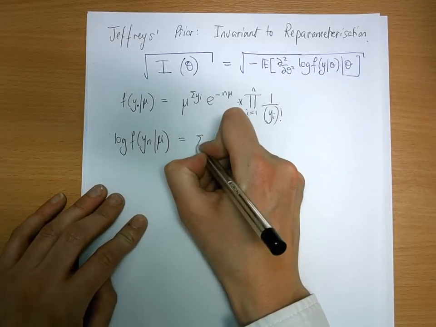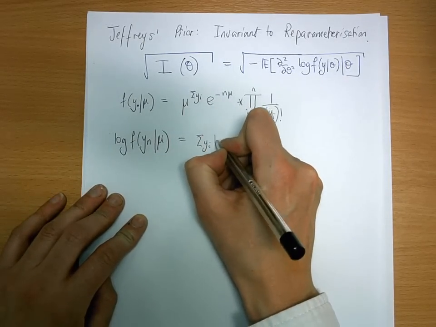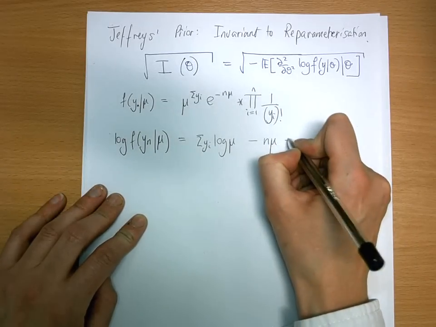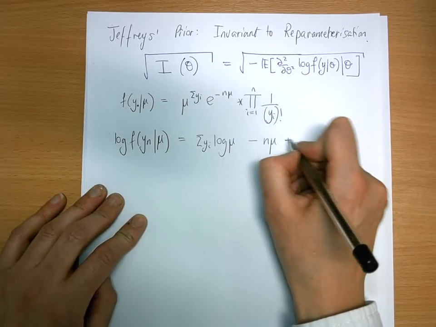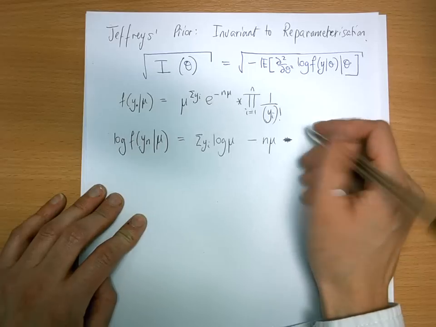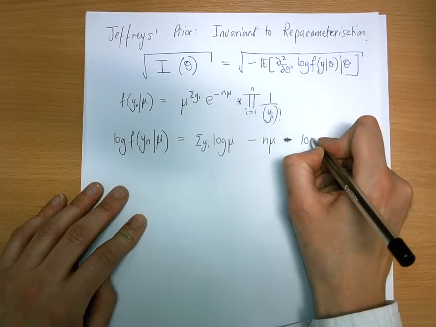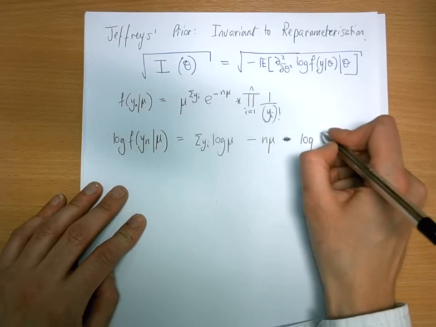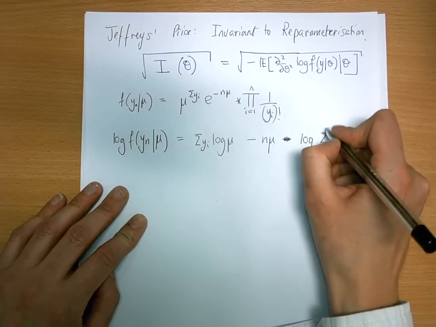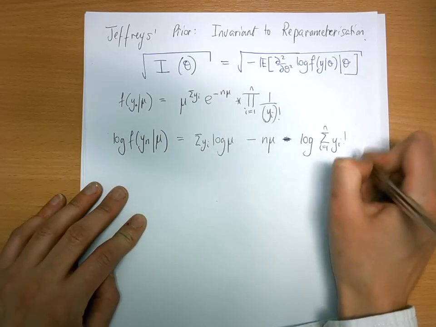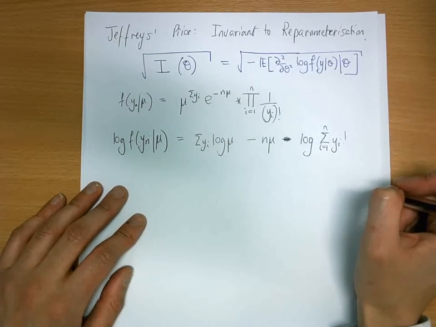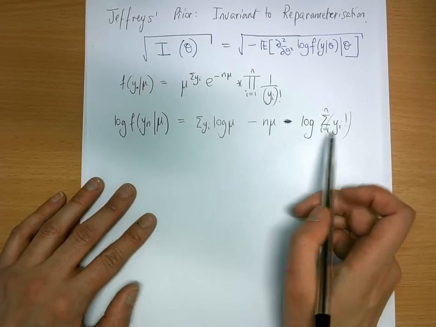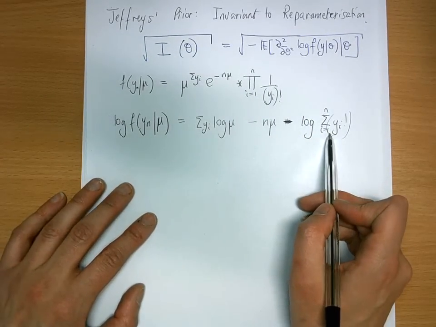So it's equal to the sum yi times log of mu minus n mu plus what technically becomes a minus because this is to the power of minus 1, log, and the sum becomes a product 1 to n yi factorial. Essentially, all this becomes irrelevant because there's no mu in it.